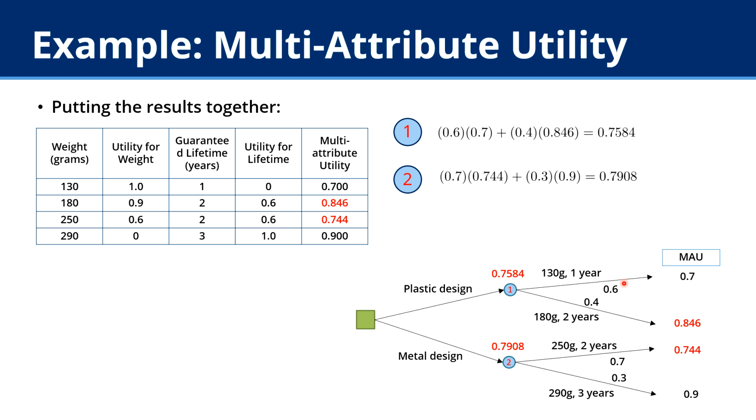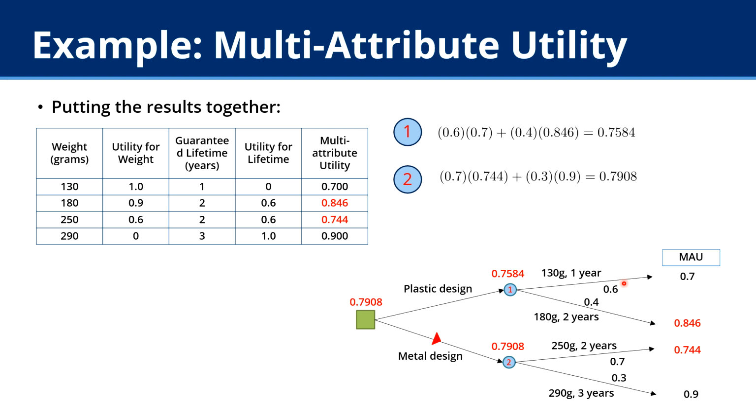So based on the multi-attribute utility values, the expected utility, the best decision here is to go with the metal design, because 0.7908 is bigger than 0.7584. So we're going to draw a little arrow there, indicating that the better decision is to go with the metal design. The expected utility at our initial node then is 0.7908.